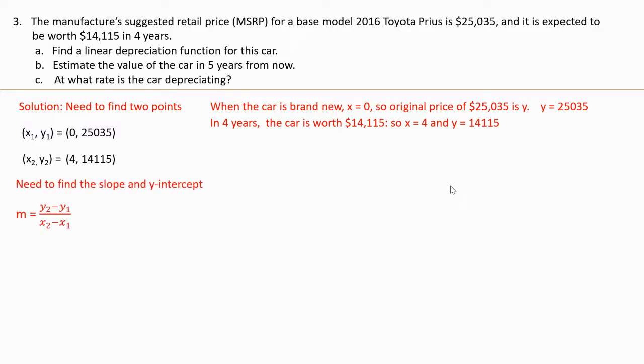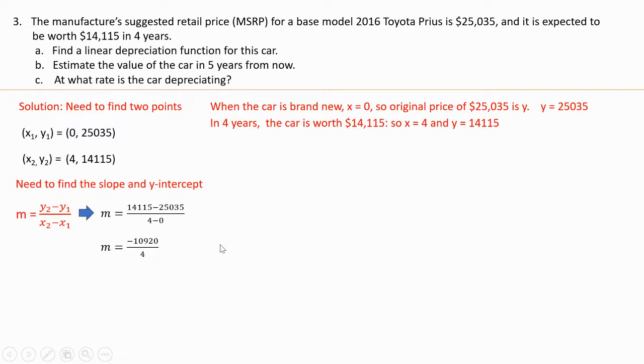So for the slope, again, we're going to use the formula. So here, guys, this is x1 and y1, x2 and y2. So it's going to be y2, which is 14,115, minus y1, which is 25,035, over x2, which is 4, minus x1, which is 0. So there's my setup.